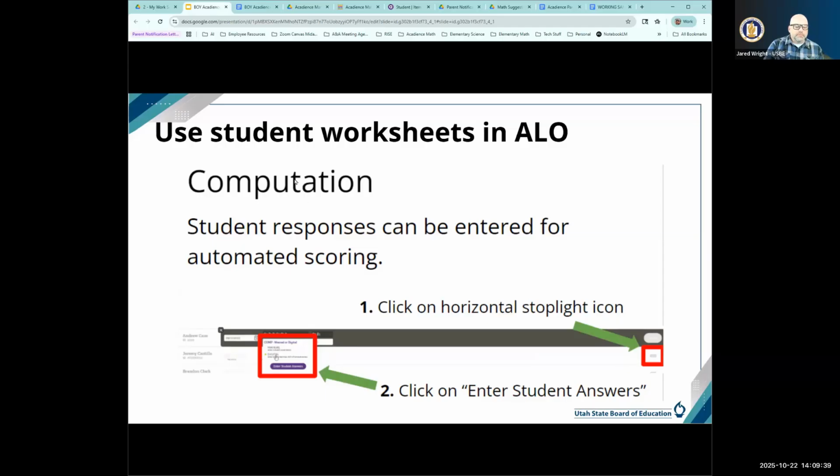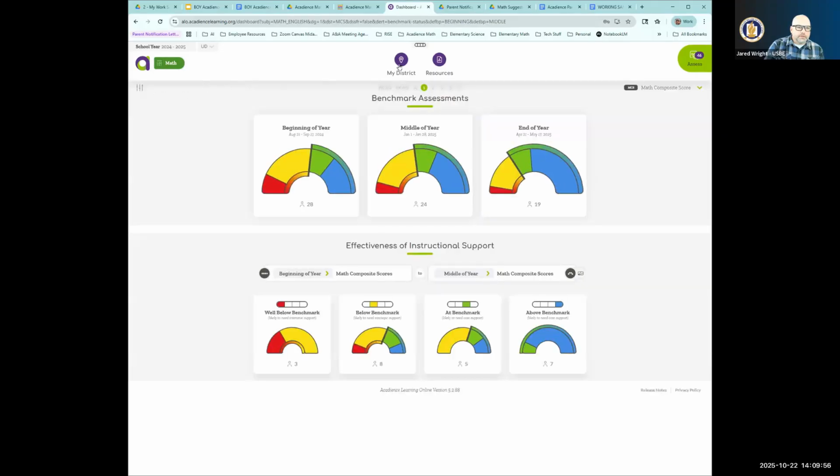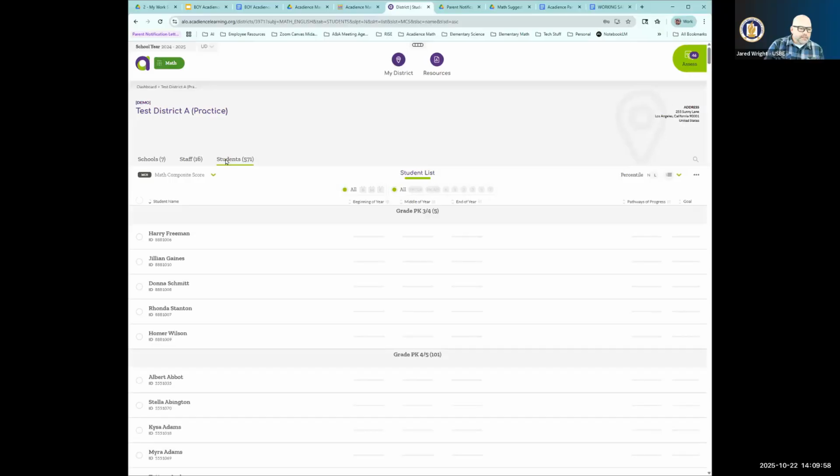There are also, similar to what Dallas showed, functionality in ALO. Let me just switch to math. I'll go to my student list.